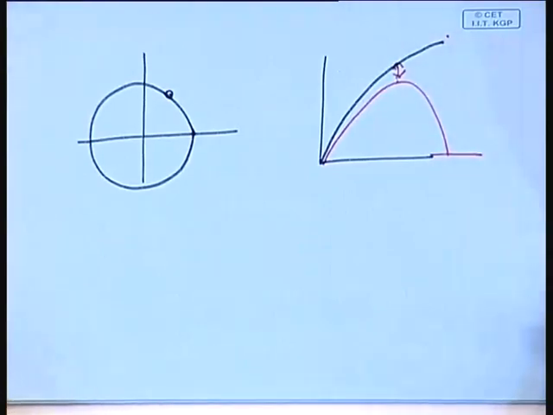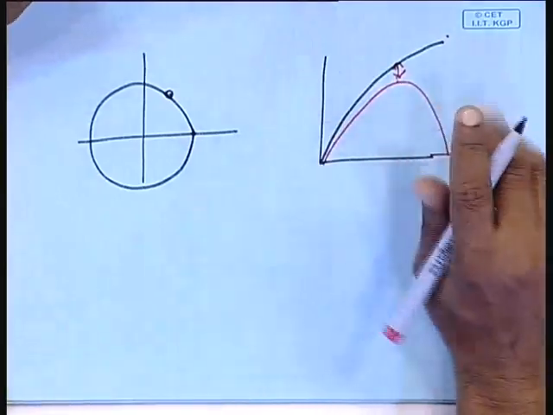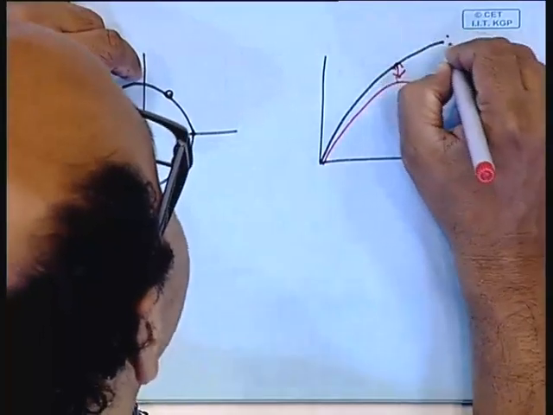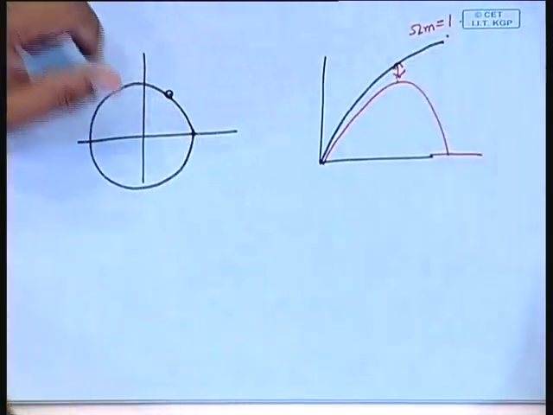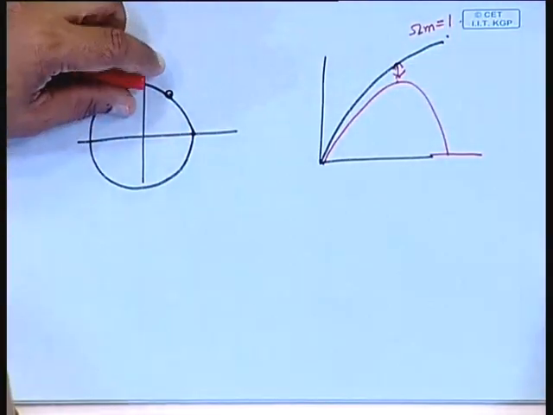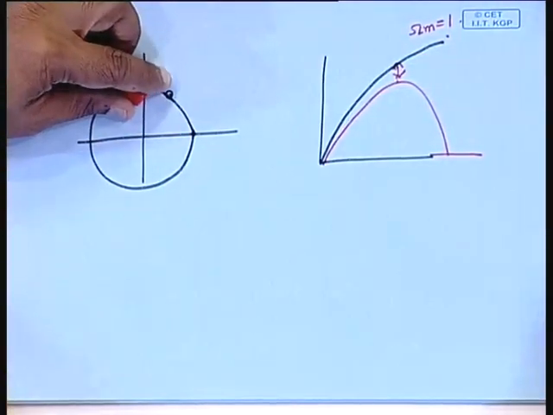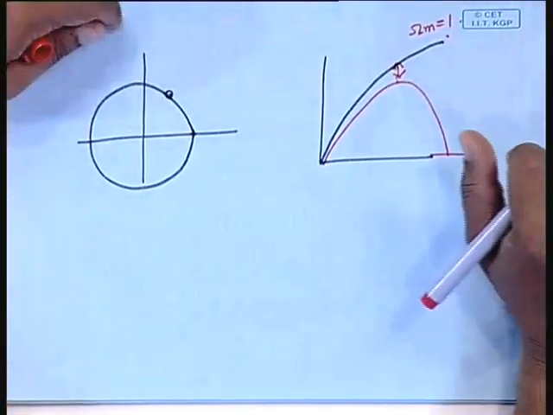Now there are certain physical insights which you can gain from this picture. Suppose my background cosmological model is omega matter equal to 1, just the critical cosmological model.